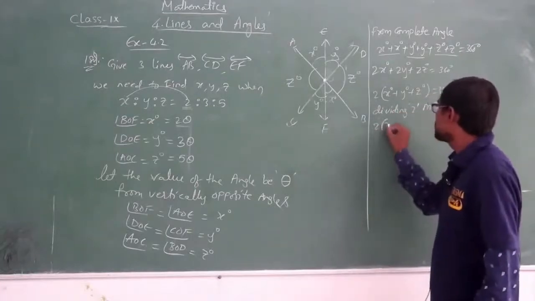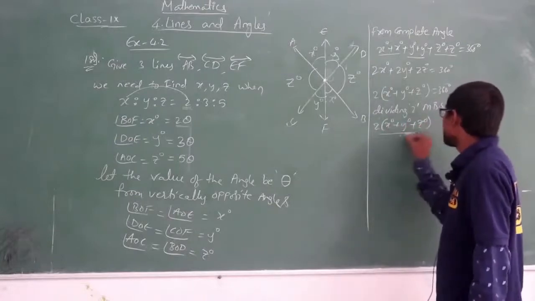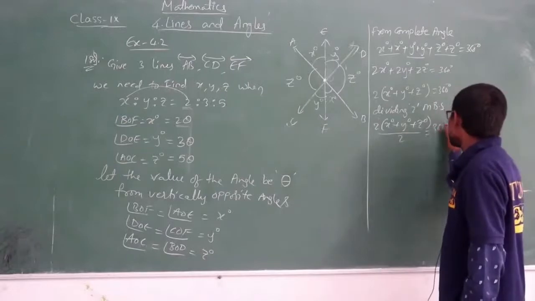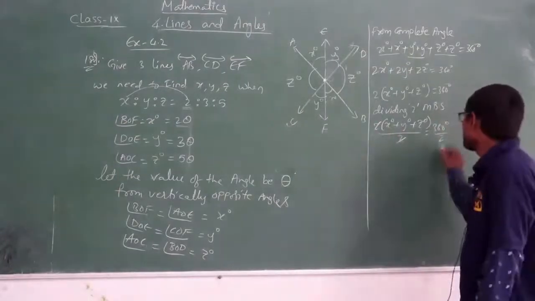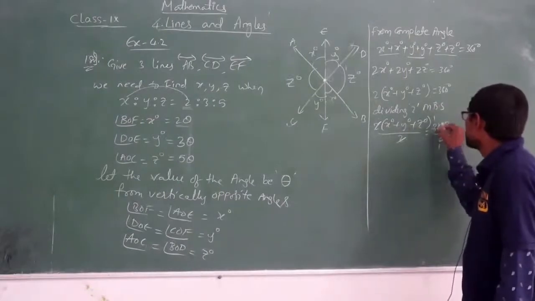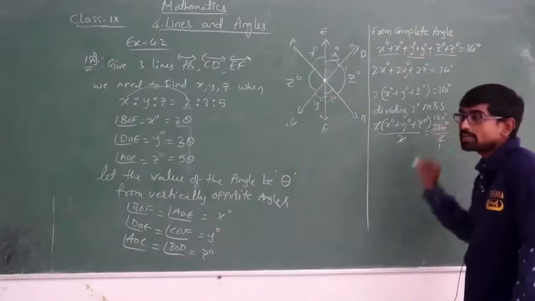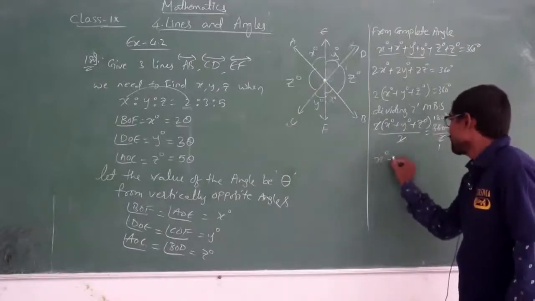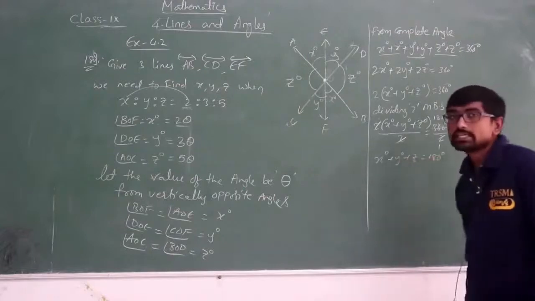So here we will get 2 into x plus y plus z divided by 2 is equal to 360 degrees divided by 2. 2 by 2 is 1. If I divide 360 by 2, I will get 180. So x plus y plus z is equal to 180 degrees.